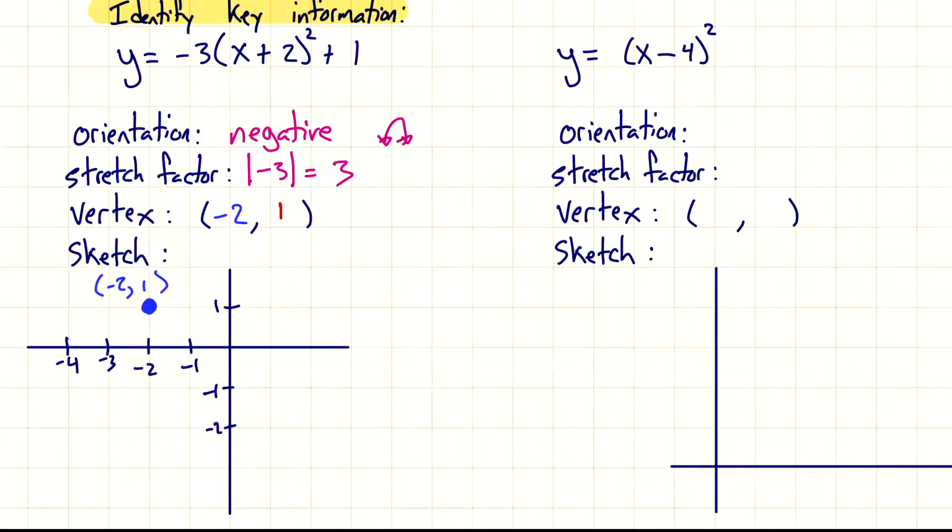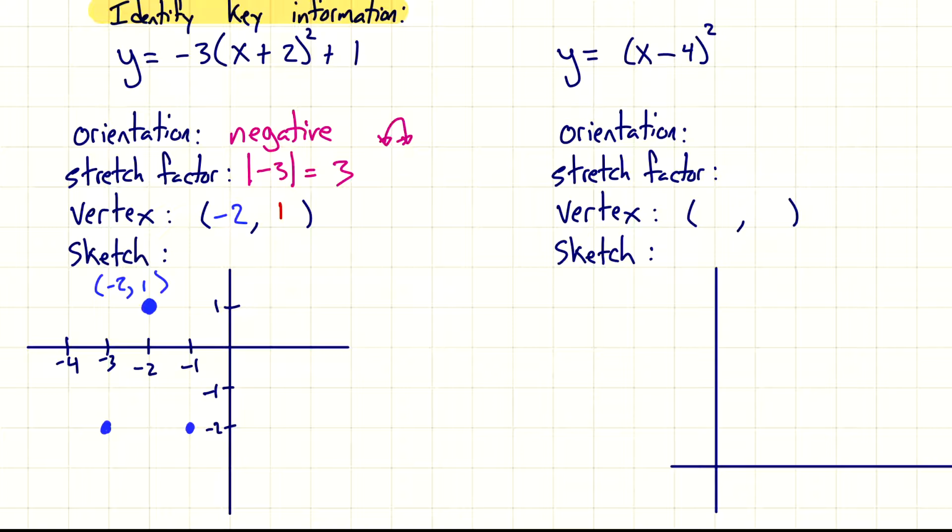So this is a sketch, so it doesn't necessarily have to be super accurate, but it should resemble all the descriptive characteristics we've mentioned. So it should have negative orientation, so we need to make sure it's upside down.